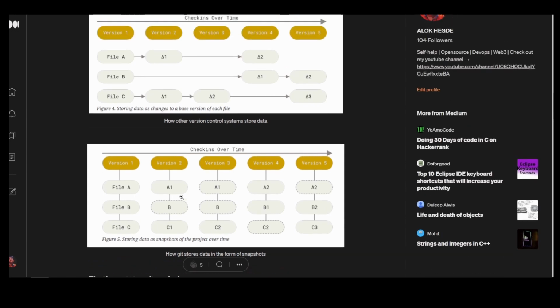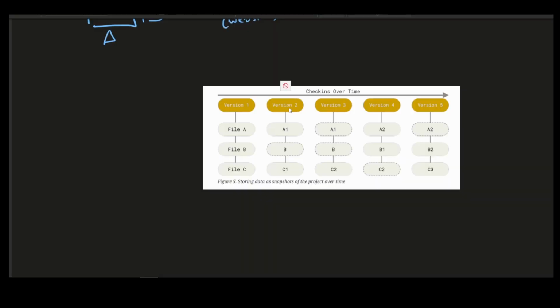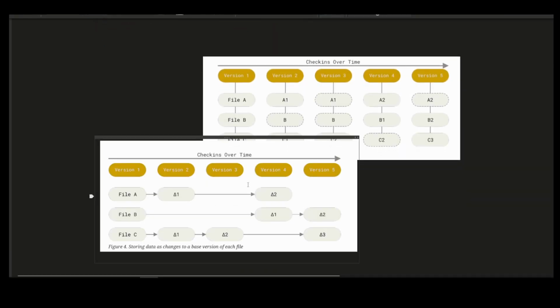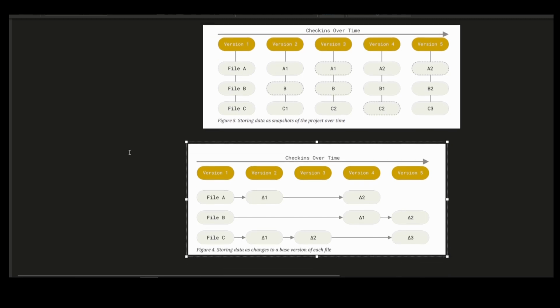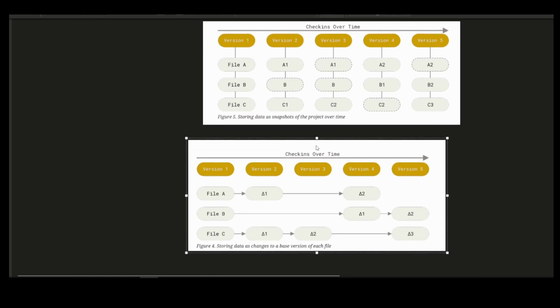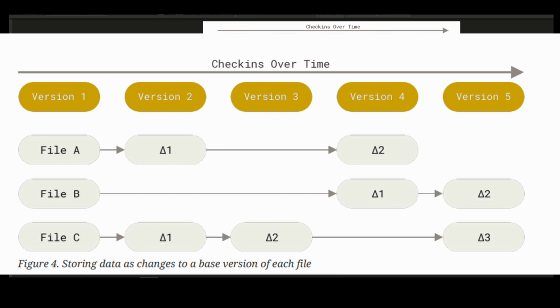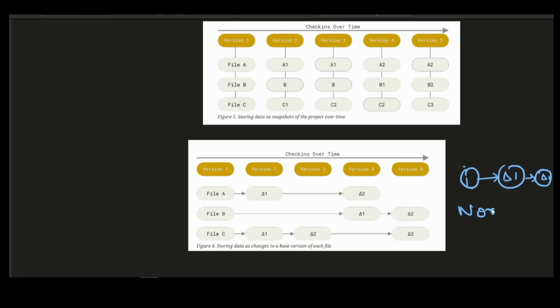And this is how files usually get saved. One change takes place, then the next change takes place in this file only, then in this file only. This is normally how it works.